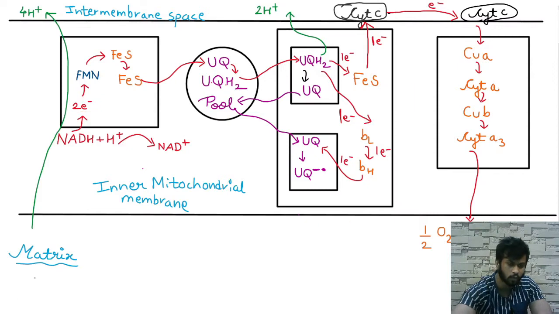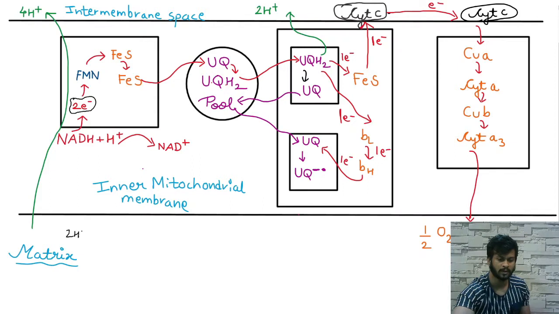So now we know how these two electrons are coming from the oxidation of NADH molecule, and how two H plus are getting released in the matrix.